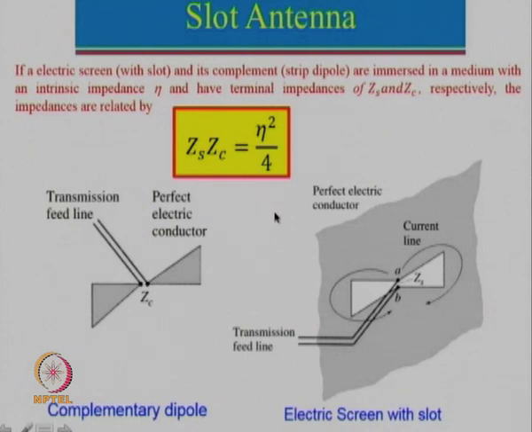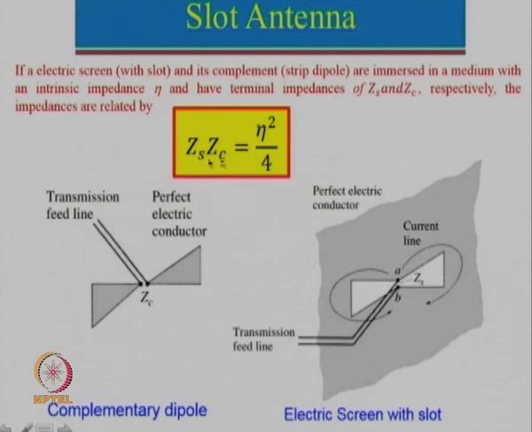In fact, a lot of research these days is being done where people are trying to combine the dipole antenna and the slot antenna. If you combine these two antennas, then the product will be constant, and if the product is constant, that means it will give us a very large bandwidth over the frequency range. In fact, theoretically or ideally, there is no frequency term coming.